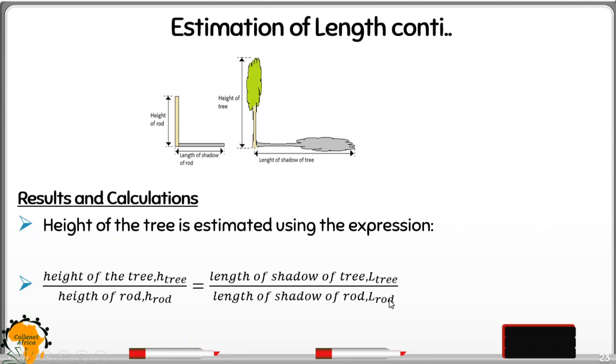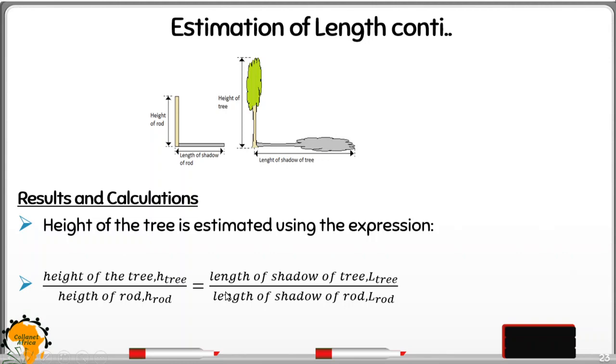You have measured the length of the rod, the length of the shadow of the tree, and the length of the shadow of the rod. So the height of the tree is the unknown, and you can be able to get it.